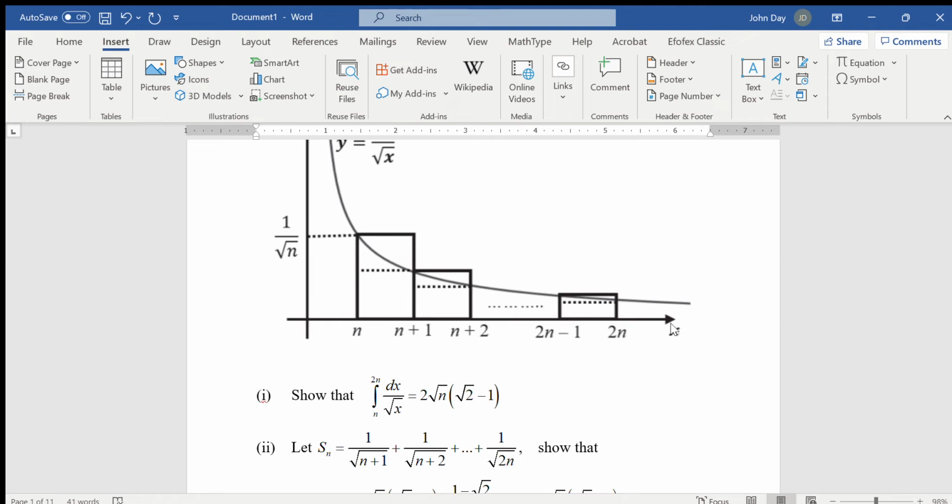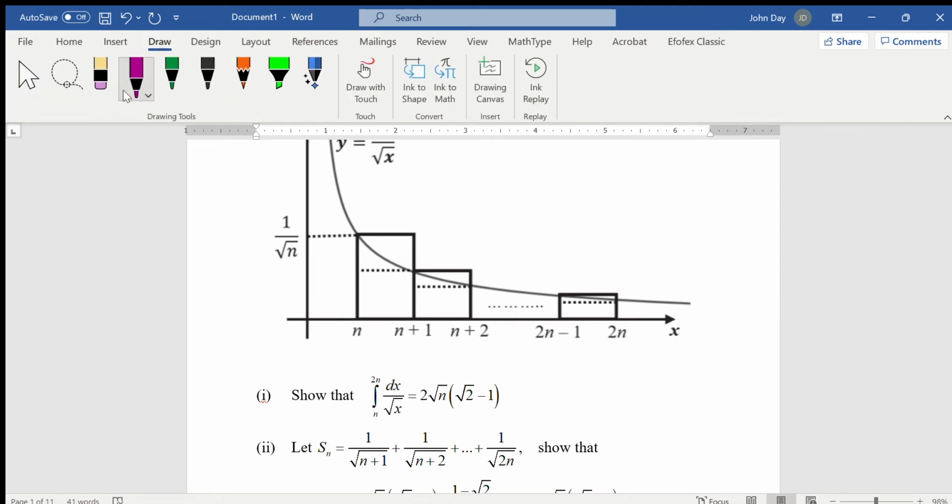Now some people would prefer that instead of being written as dx on root x, it was written from n to 2n of 1 on root x dx, but it's the same question. And even more, they probably prefer that it looked like x to the minus a half dx rather than 1 on root x, because then it's easier to integrate.